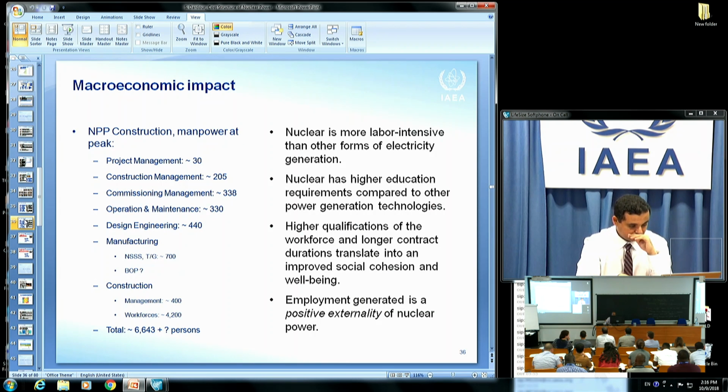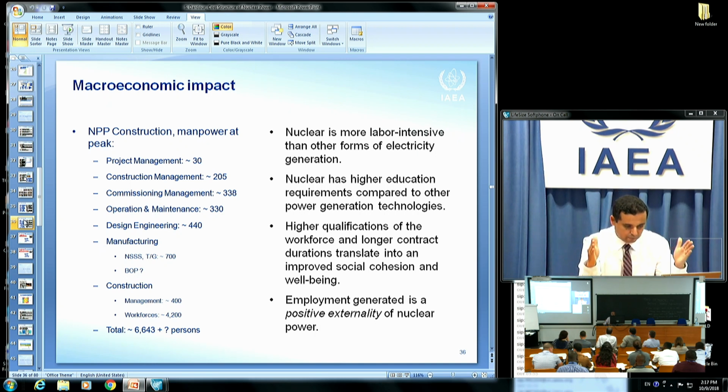Slide 36. An additional benefit related to nuclear is the fact that nuclear is labor-intensive, much more labor-intensive than other forms of electricity generation. If we take it per megawatt hour of generated electricity, nuclear requires more jobs, more manpower with higher qualification, over longer periods of time.